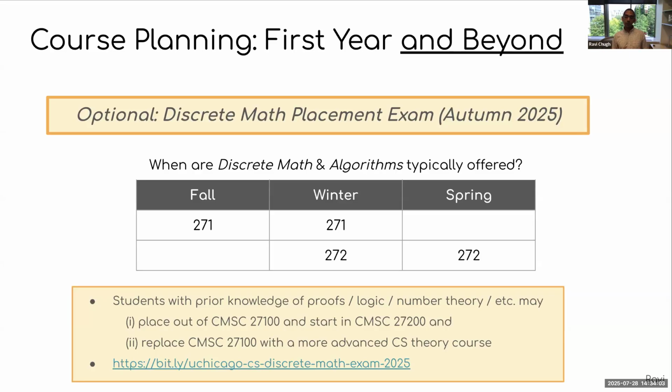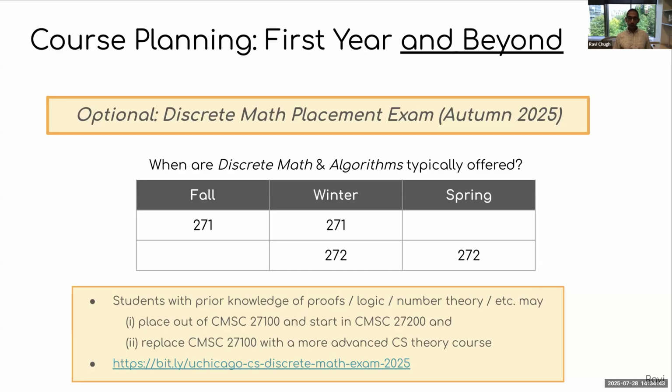So if you are a student who has had prior exposure to proofs, to logic, to number theory, some of the other topics that go into our discrete mathematics course, which is a foundation for a broad variety of subsequent courses in computer science, if you've studied those before starting at U of C, or maybe this year you're taking some math courses in which you are exposed to these topics, you might consider taking this optional placement exam, which will be offered probably in October this year. We'll have more specific information in the coming weeks and months.